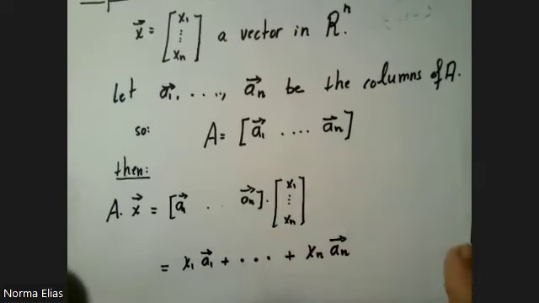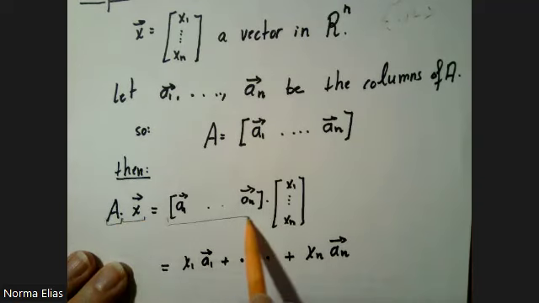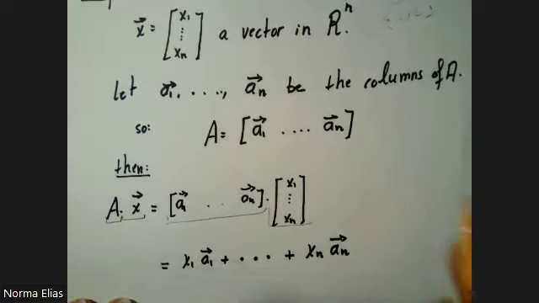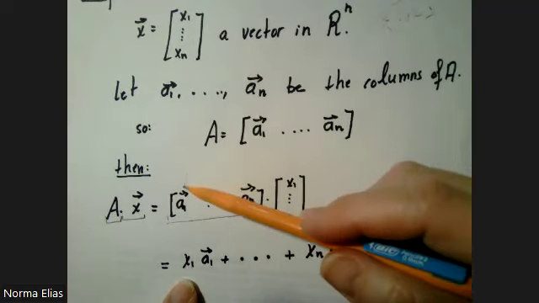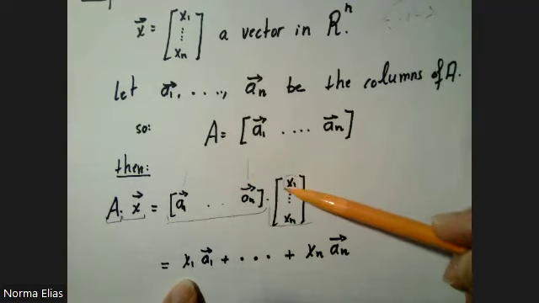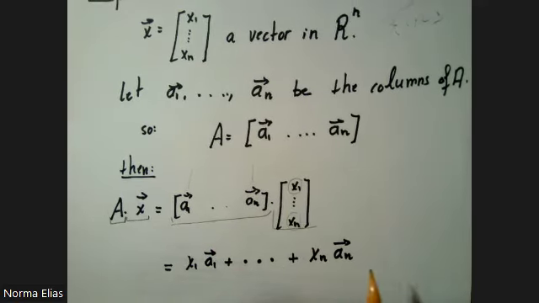Then what does it mean to multiply a matrix by a vector? What does it mean to say A times x? What's the definition? A times x is equal to the linear combination of the columns of A, where the weights are the entries of x. It means it's equal to x1 A1 plus x2 A2 plus x3 A3 plus, etc., xn An.